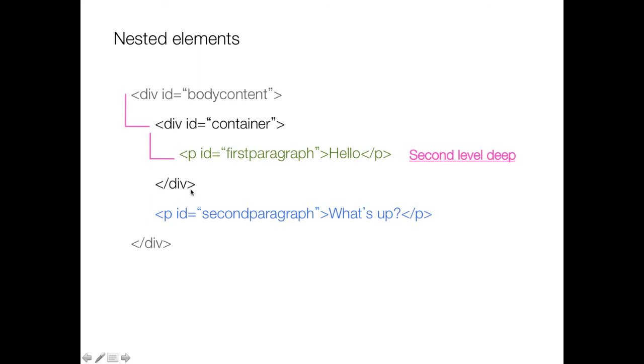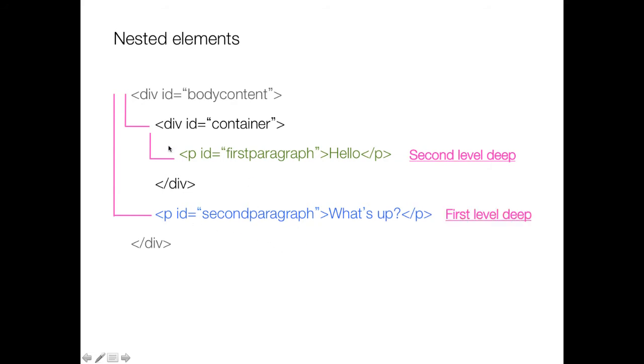So the black div closes after the green P, which means the P is the child of the black div. In turn, the black div is inside the gray div. That's because the gray div closes after the black div. Therefore, the black div is the child of the gray div. So grandfather, father, and child, second level deep.